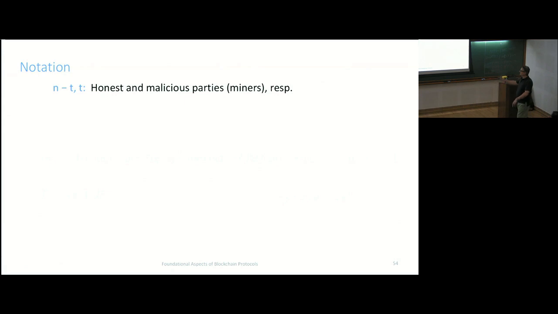Okay, so now it gets a little intense in terms of notation, but we'll see. We already mentioned n, the number of parties, and the adversary corrupts t. So these are honest parties, t bad parties. We want honest majority. How do we capture that?